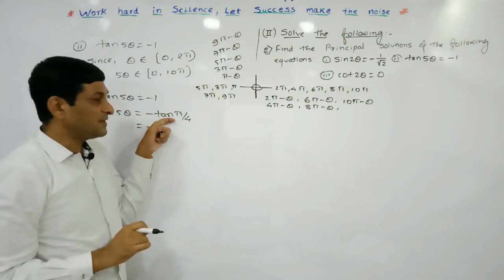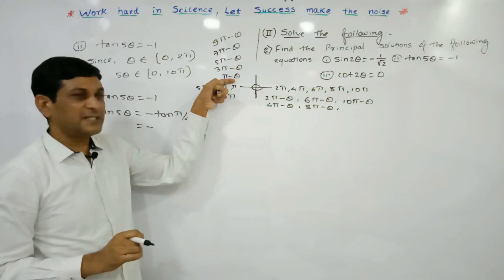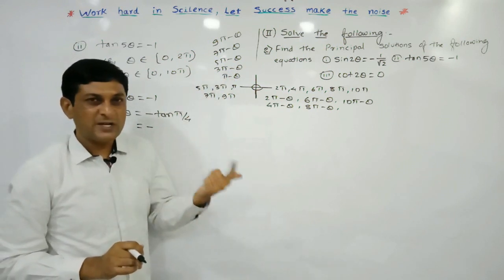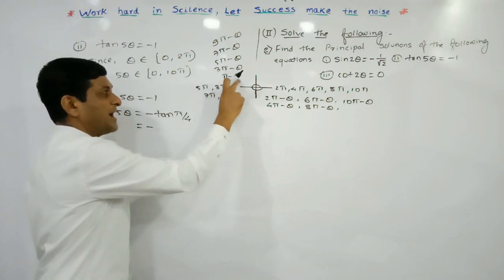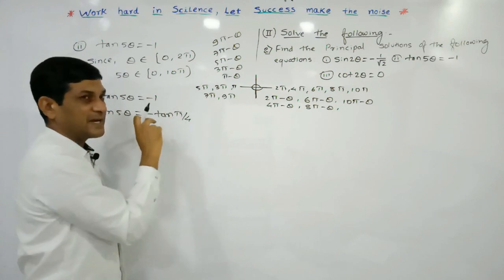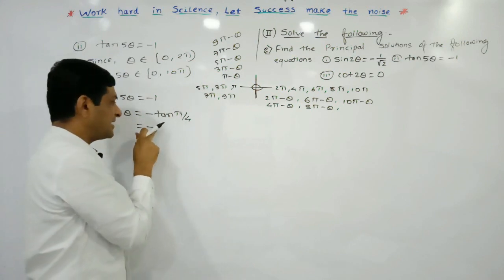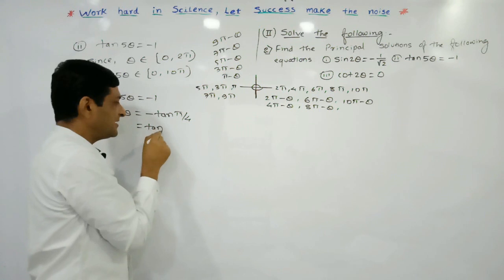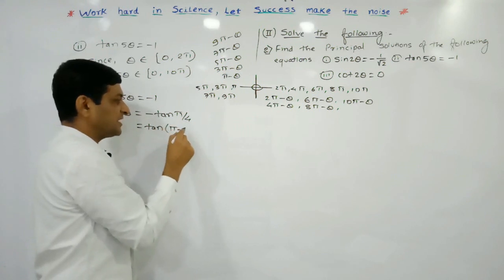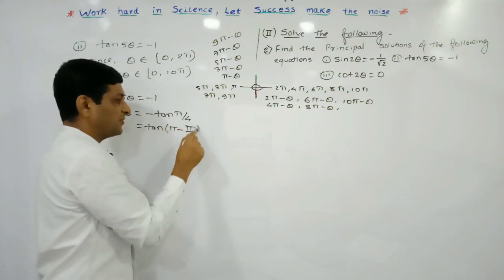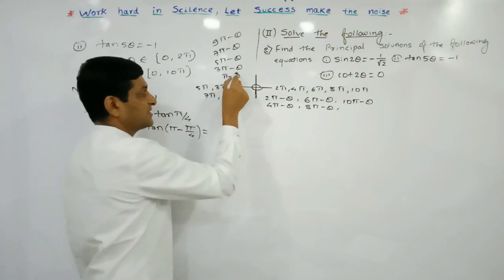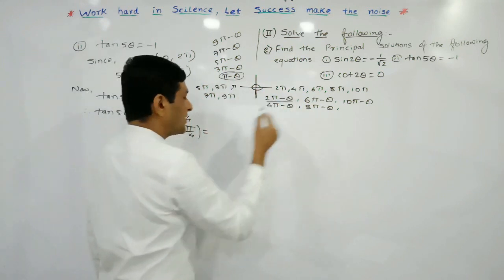Now we are finding the first value, which lies in the second quadrant. According to allied angle formulas, tan(π − θ) is −tan θ. So −tan θ can be replaced by tan(π − θ), where θ is π/4. So this is the first value.